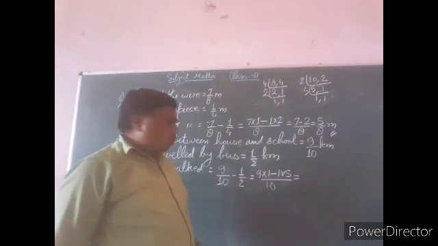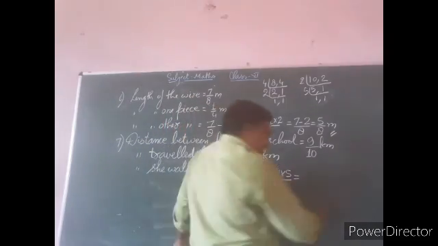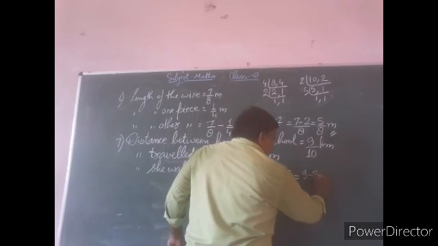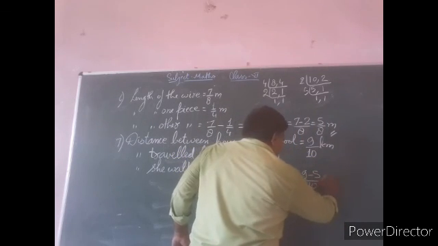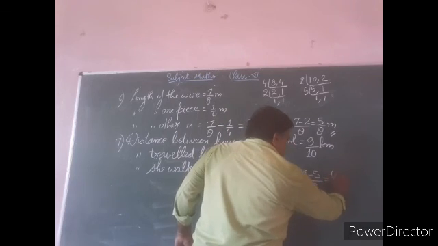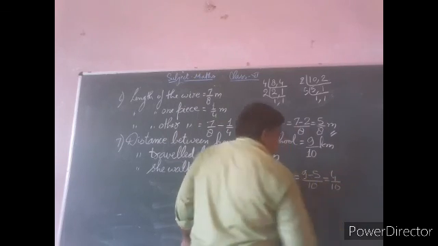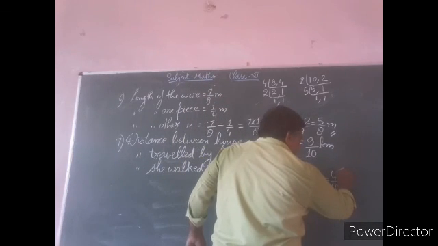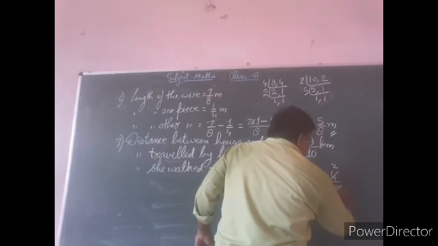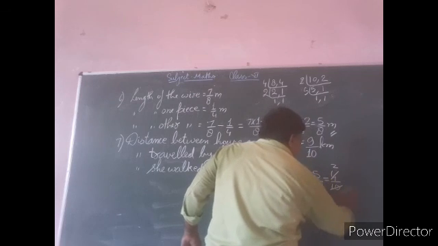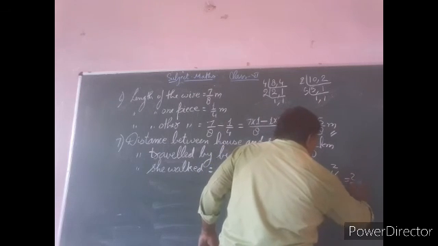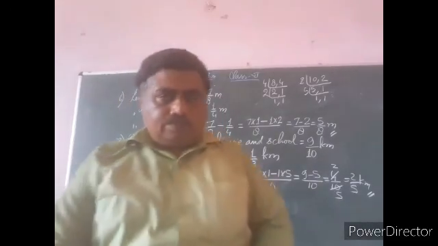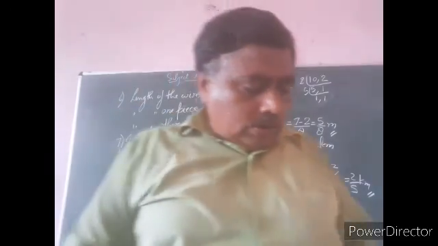So equal to 9 1s are 9 and minus 5 1s are 5/10 equal to 9 minus 5, 4/10. So in standard form, 2 2s are 4, 2 5s are 10, equal to 2/5 kilometer.